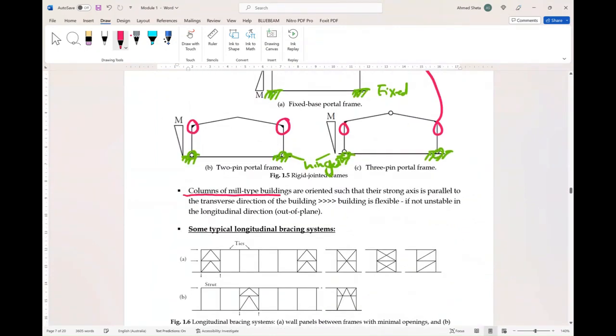Generally, the columns of mill-type buildings are oriented such that their strong axis is parallel to the transverse direction of the building. This leads to the building being flexible, if not unstable, in the longitudinal direction out of plane. What does this mean? This means the orientation of the column is like this, if we have an I-beam section, not like this.